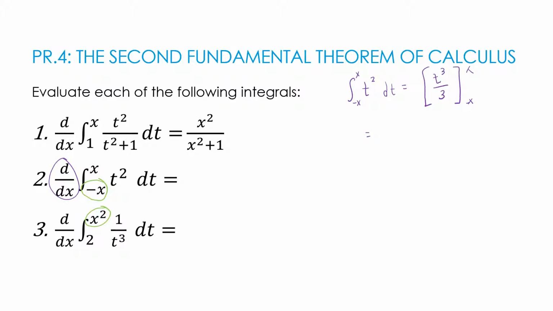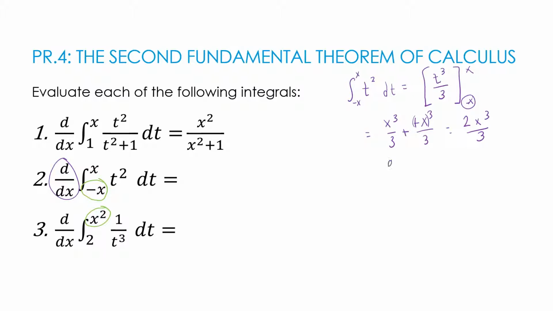If I plug in x first, that gives me x cubed over 3 minus, now I'm plugging in negative x, negative x cubed over 3. Negative x cubed is negative x cubed, so keep, change, add them together. This gives me 2x cubed over 3.